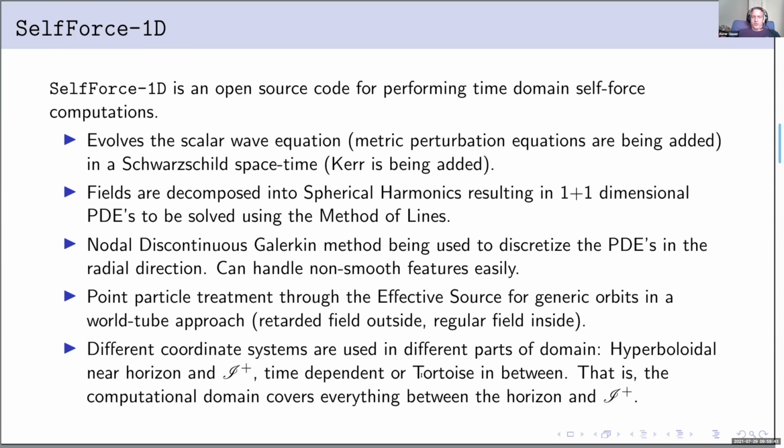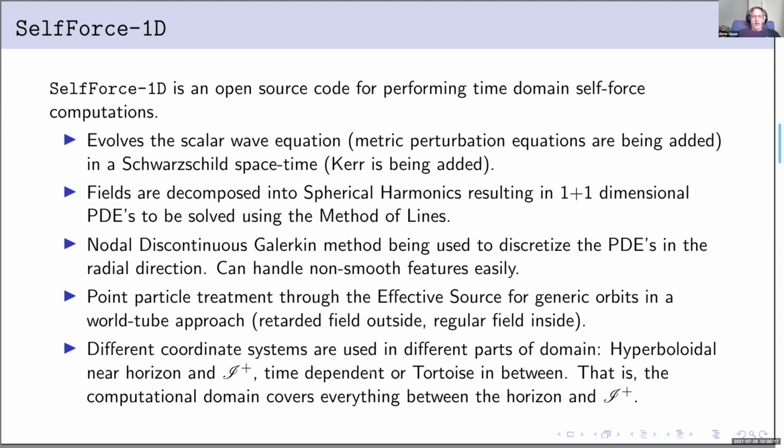In order to do all of this with everything kept at specific element boundaries, we have to use different coordinate systems in different parts of the domain. Near the particle, depending on the orbit, if it's a circular orbit, we can just use torus coordinates. If we have a generic orbit where the particle is moving in the radial direction, we need some time-dependent coordinates that keep the particle fixed at the same coordinate location.